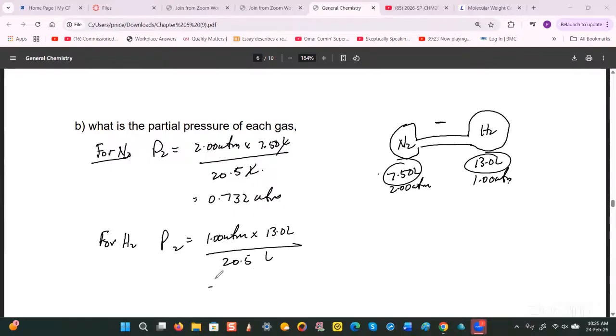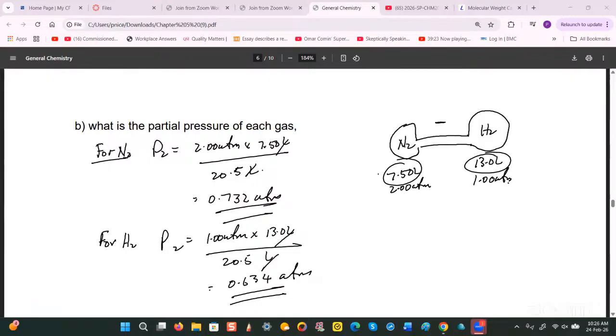And then let's do that calculation. So that's 1 times 13 divided by 20.5. And according to my calculation, that will be 0.634 atmospheres. Again, these liter units will cancel. All right. So these are the answers in the case of B. 0.732 for the nitrogen and 0.634 for the hydrogen.